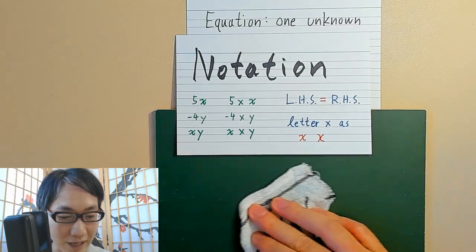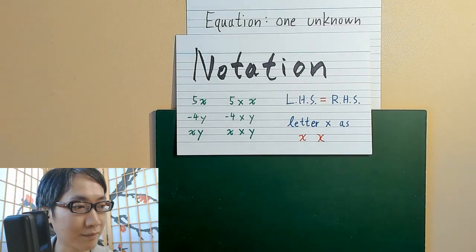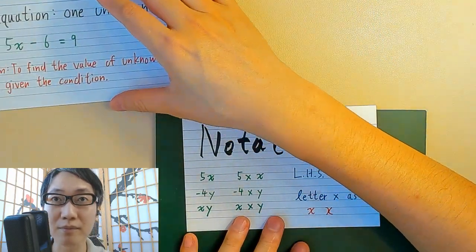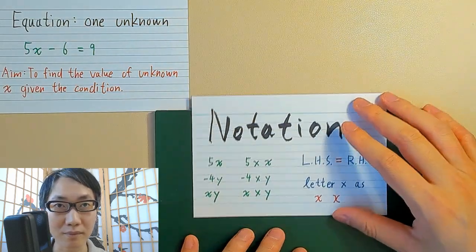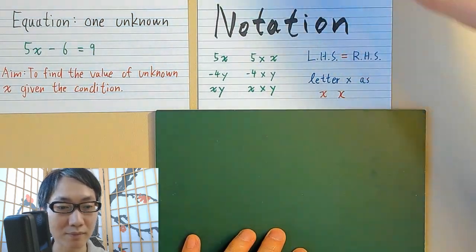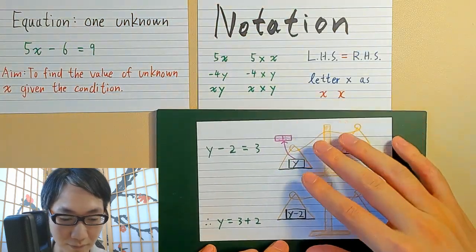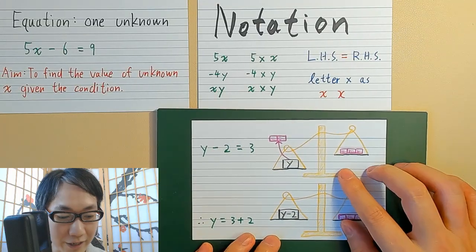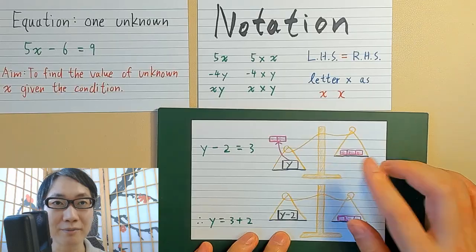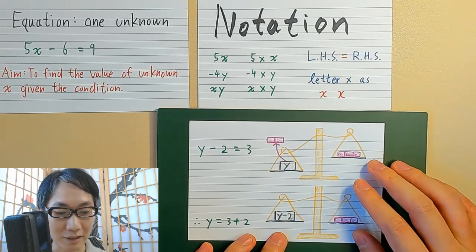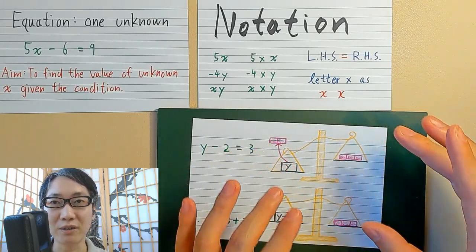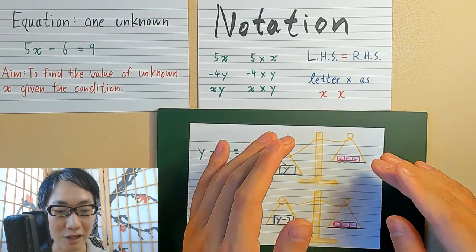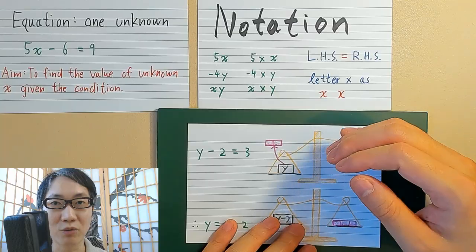Now let's see how we solve a simple equation. You see a balance scale here. When we put weights and masses on both sides, the heavier side will sink and the lighter side will rise.